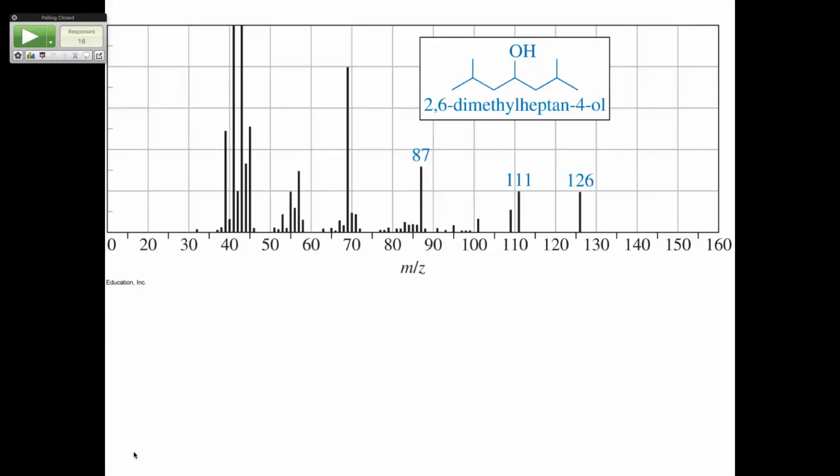How would we get a peak at 111? What's 144 minus 111? 33. Any brilliant ideas how we could lose 33 off of that? Let me draw my structure. Two carbons is 24.